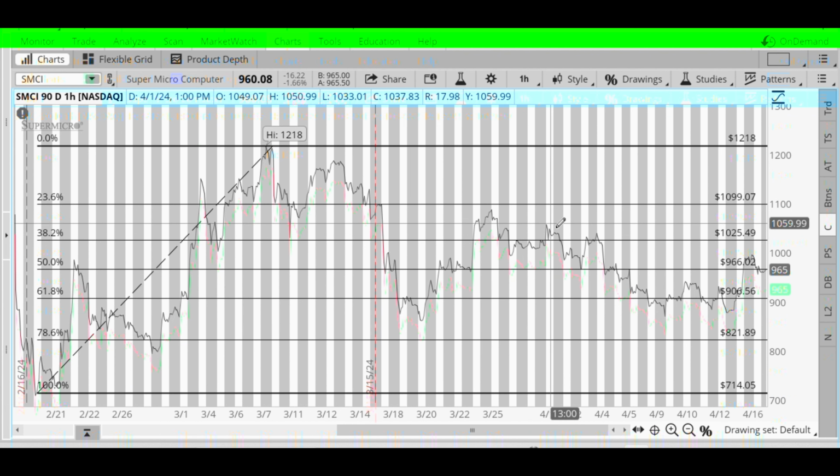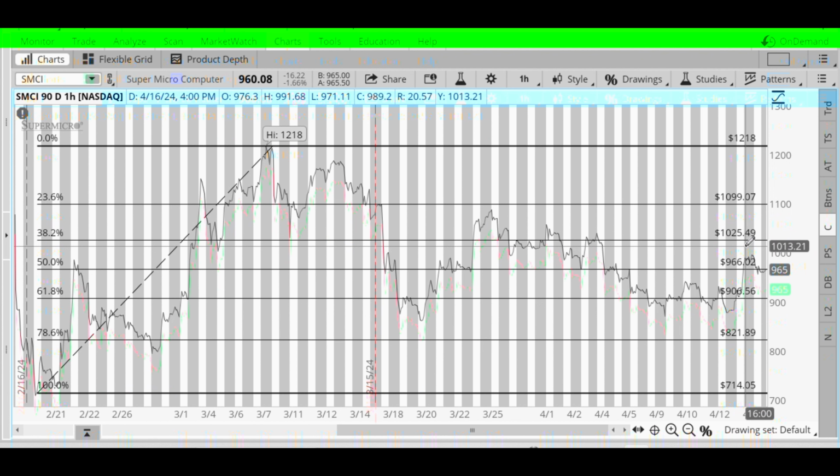Based on the Fibonacci levels, the next level of support was 906. It's already broken yesterday or the day before yesterday. Right now, SMCI is at 965 and the next resistance level is 1025.